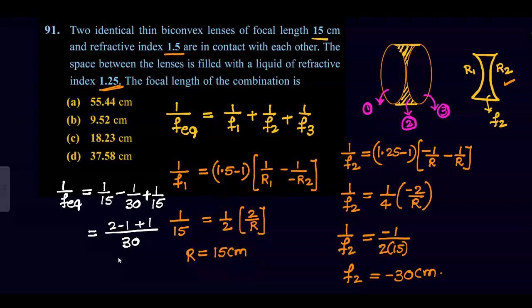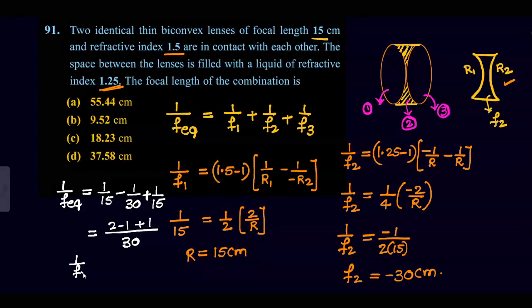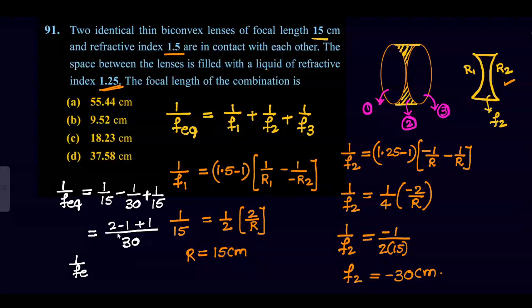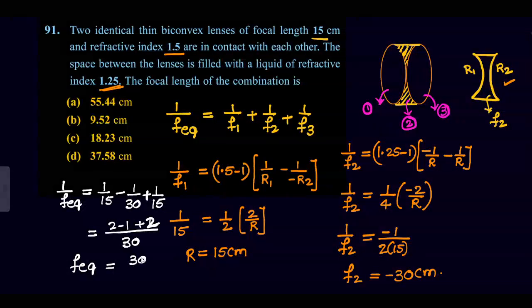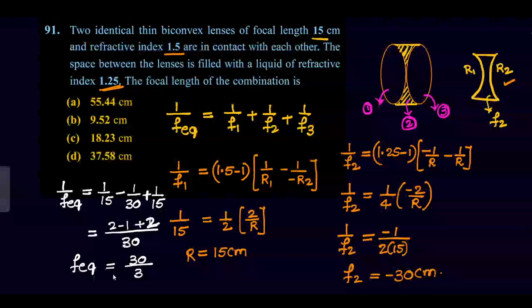So F equivalent is 30 by 3, which is 10 centimeters.